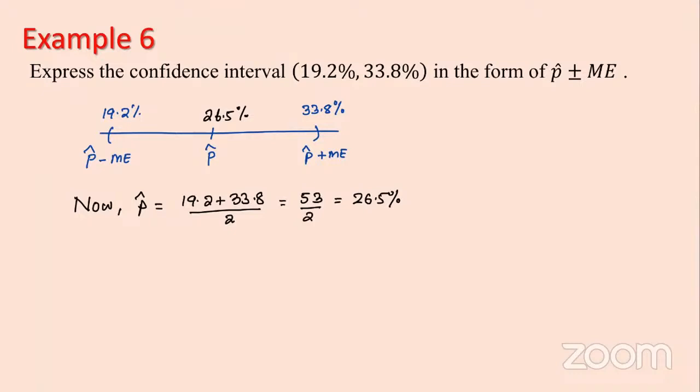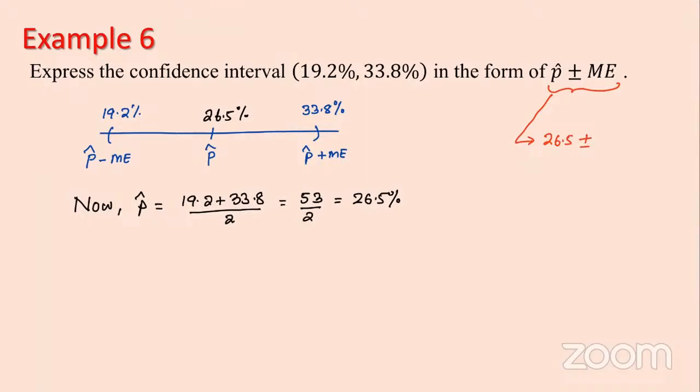So we want to write our answer in that form, P hat plus or minus margin of error. And we got P hat. P hat is 26.5. And I need plus or minus and then the margin of error.